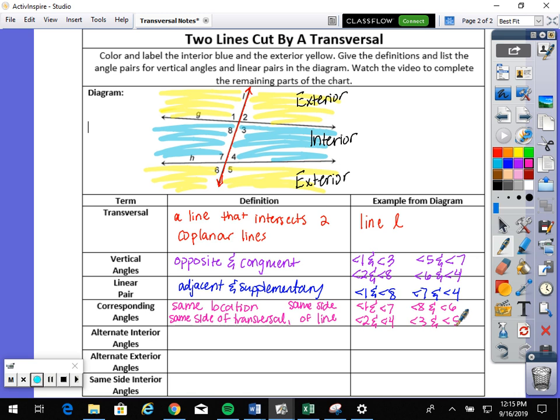Then we're going to move on. We have alternate interior angles. They are on opposite sides of the transversal and inside the two lines that are being cut. So I'm going to write that right down here. Opposite sides of transversal, and then inside the two lines being cut.